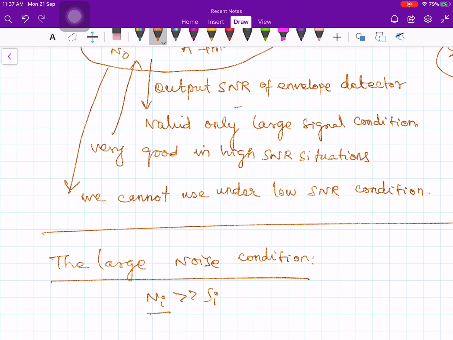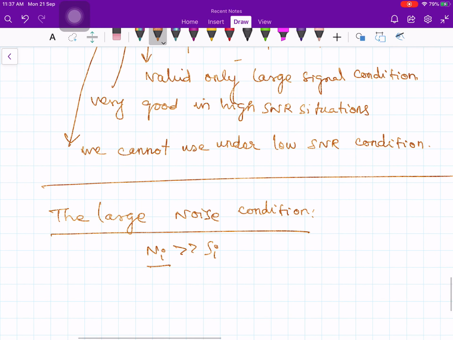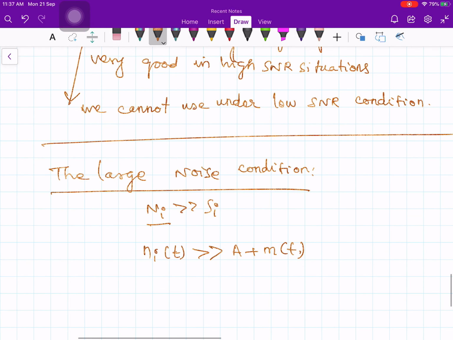That means the noise amplitude Ni of t is greater than A plus M of t. What we are saying is the opposite of what we said earlier: the noise amplitude most of the time is much greater than A plus M of t, for all time t.